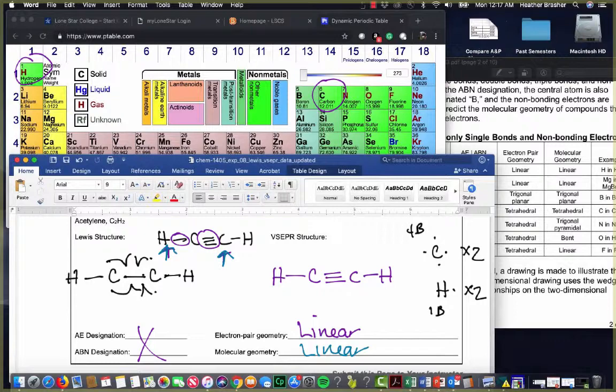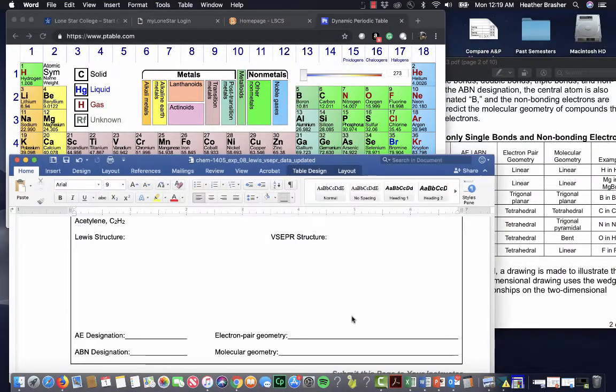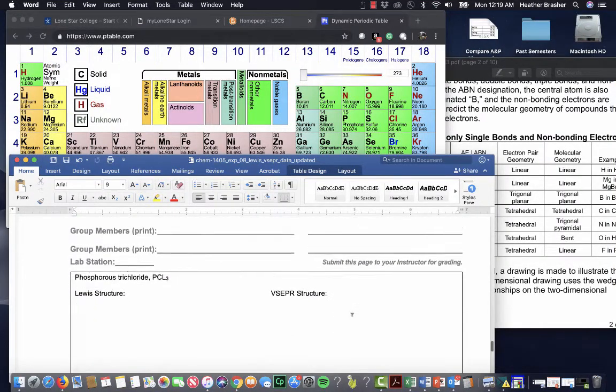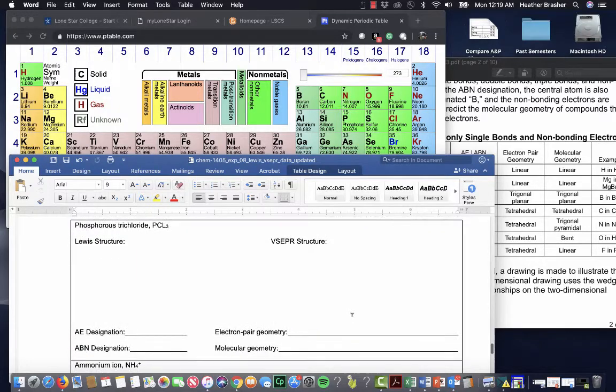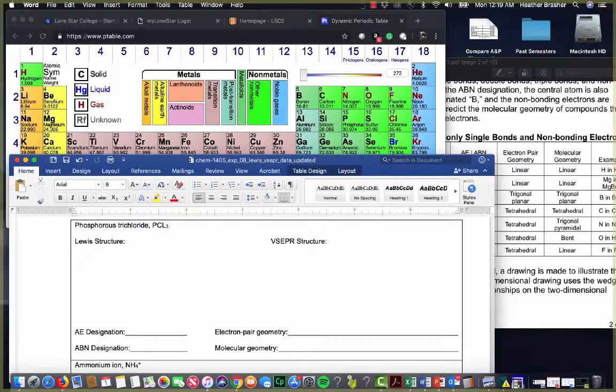So close to being done, we have 3 left. Phosphorus trichloride. So we want phosphorus here, chlorine here. So this is 2, 3, 4, and 5.